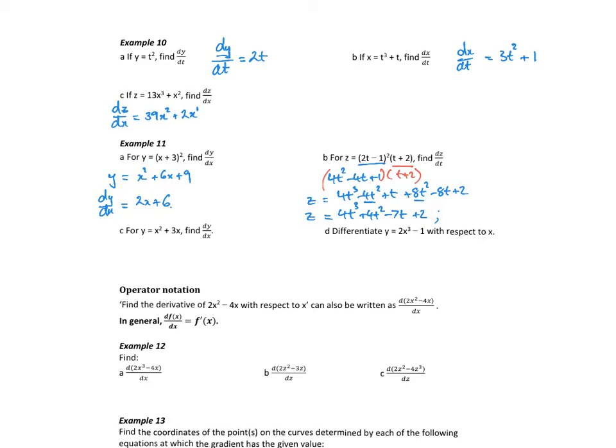So now I can work out my derivative, which is dz dt. So the 3 is the power times 4, which is 12. Take 1 from the power, which is 2. 2 times 4 is 8t. Take 1 from the power is 1. 7t to the 1 is just 1 times 7t to the 0, and t to the 0 is 1, so that becomes a constant. 2 is 0. All right, so there's my derivative dz dt.